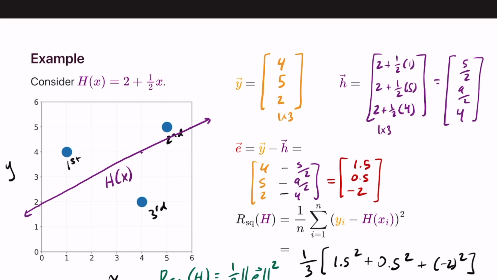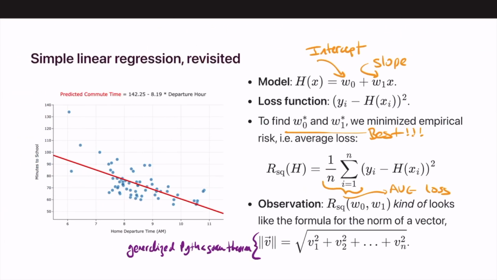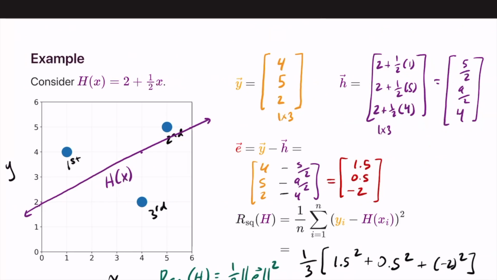And this is how we're defining our empirical risk in a vectorized format to allow us to generalize to any number of features that we want. So it's just that average loss. And now we see how this is related to the generalized Pythagorean theorem. These things are related through these error vectors that we found. So that is a key thing to take away from here.